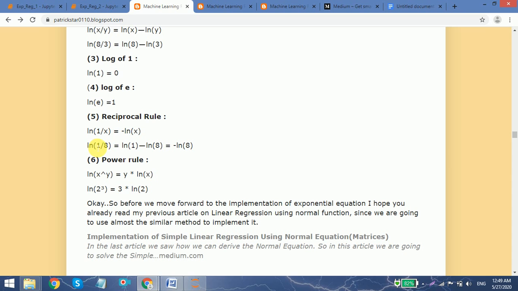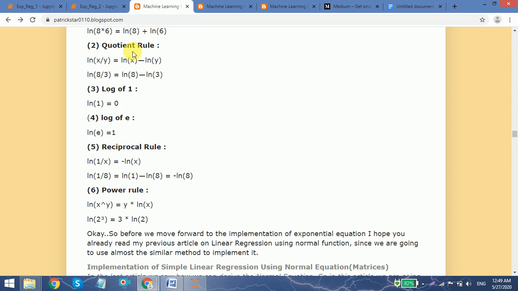So log of 1 by 8 equals log of 1 minus log of 8, as you can see in our quotient rule. As we know that the log of 1 equals 0, it leaves us with log of 8 with a negative sign.